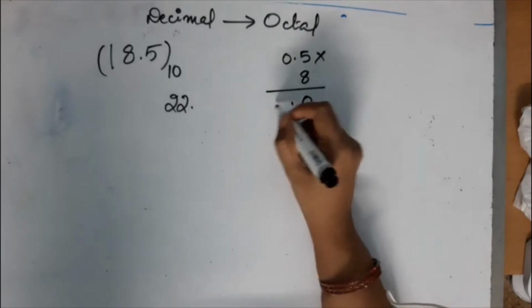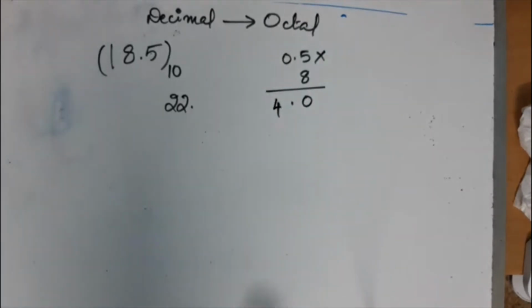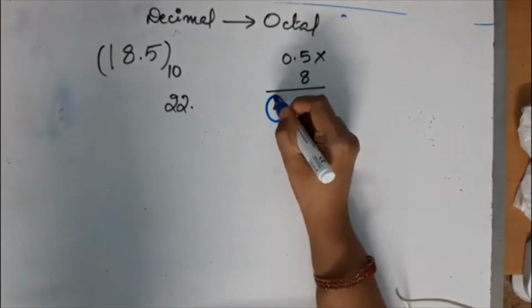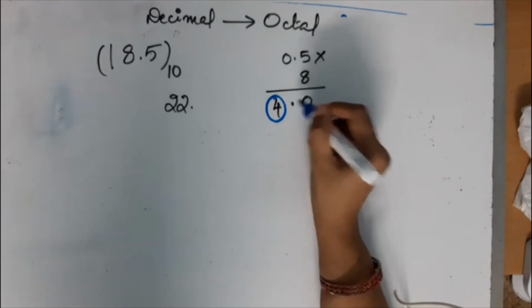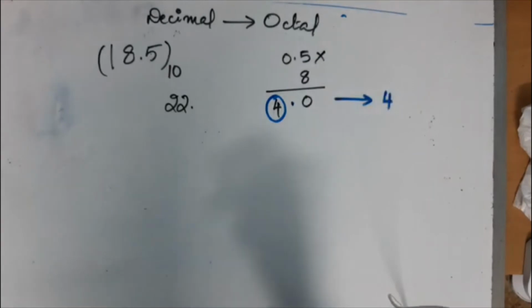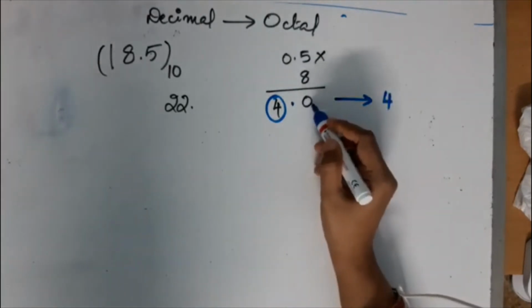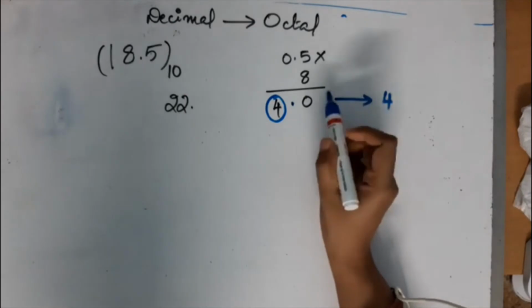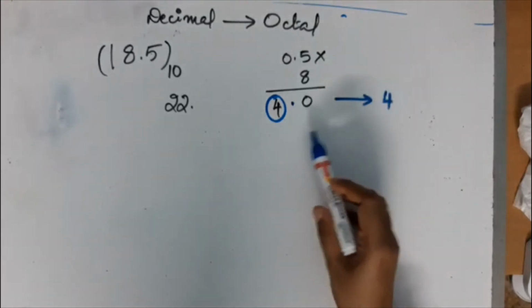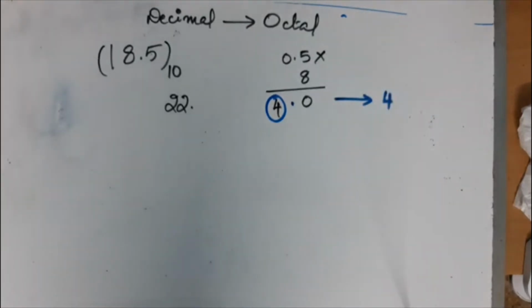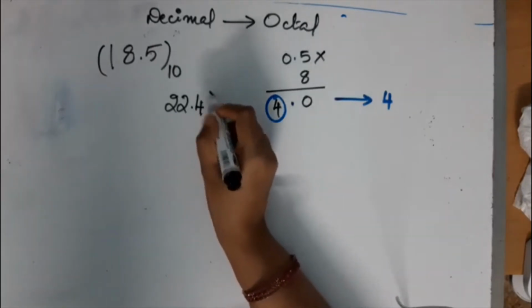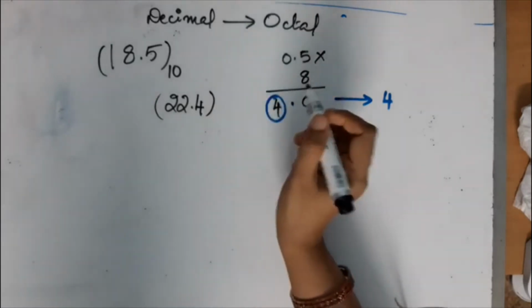So this will be 0 and here it will be 4. So like I already said, whatever comes to the left of the decimal point, that you will remove, and we will multiply again by 8 if there is a fraction remaining. Okay, so here we just have 4, so we don't need anything more. So that will be 22.4 to the base 8.